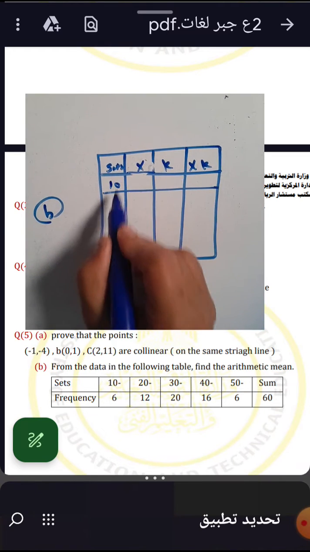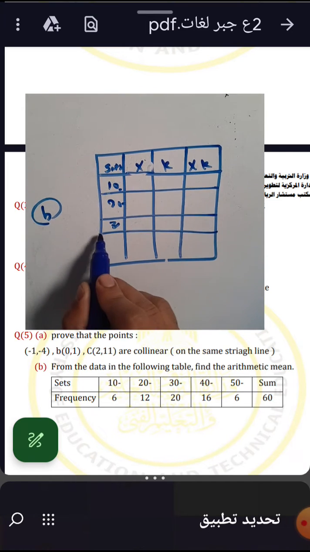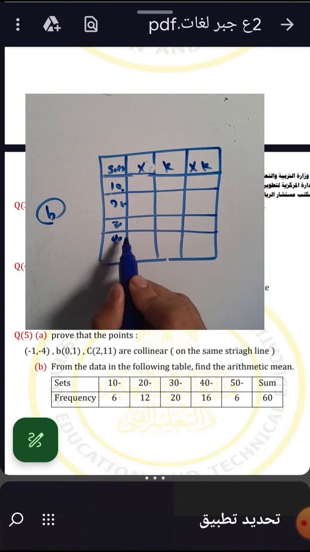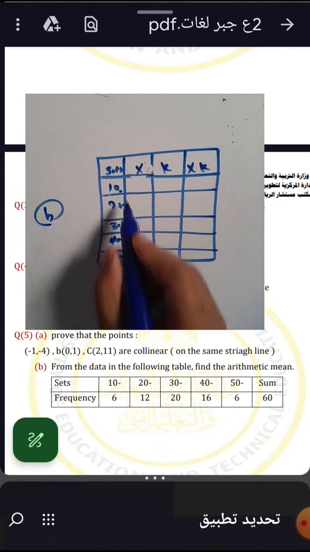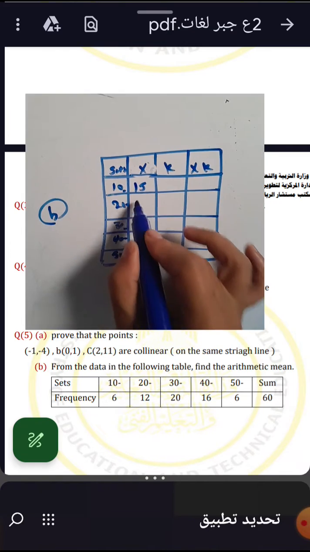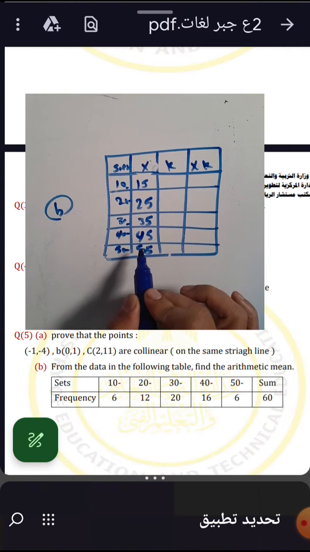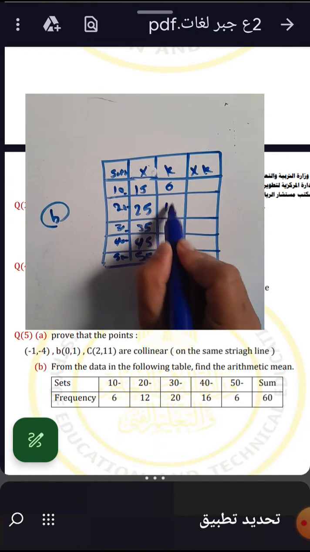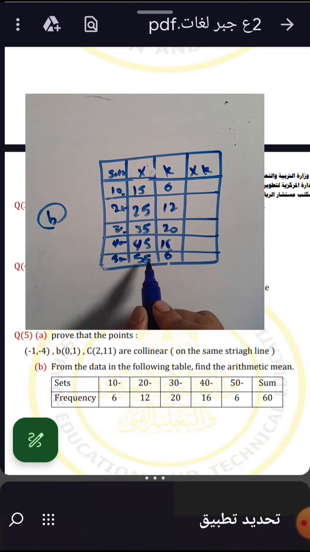Center here: 10, 20, 30, 40, 50 to 60. 10 plus 20 equals 30, divided by 2, it will be 15. Then 25, 35, 45, 55, and then k: 6, 12, 20, 16 and 6.